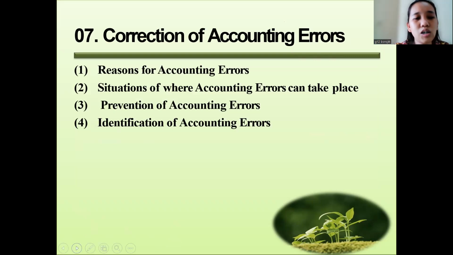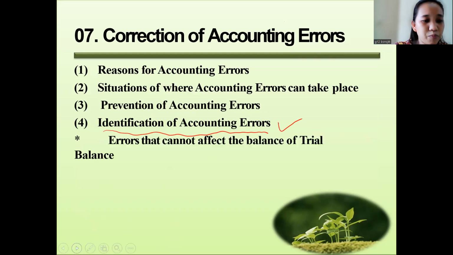So correction of accounting error. First, we already learned about reasons for accounting error, situations where accounting error can take place, prevention of accounting error, and identification of accounting error. This is the most important one, the identification of accounting error. This will appear in our quizzes. So remember, there are two kinds of error. The first one is error that cannot affect the trial balance.